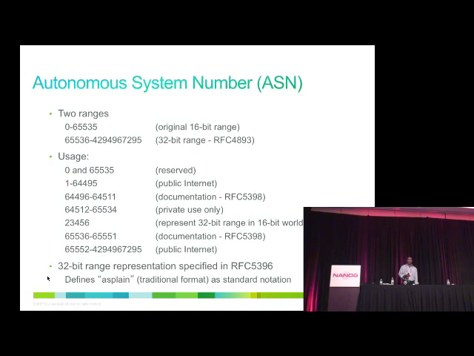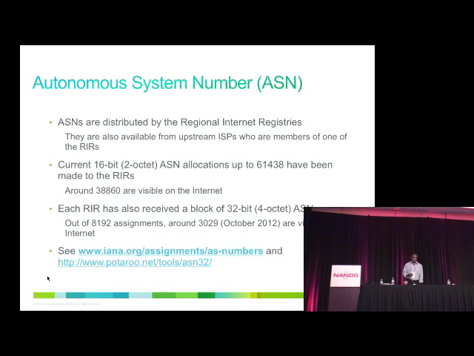And there is also a block reserved for documentation purposes to avoid confusion, so that people don't just copy and paste a real autonomous system number. And there is also a block set up just for private autonomous system numbers. The autonomous system numbers are distributed by the registries. So you can get autonomous system numbers from the registries, either the 16-bit or the 32-bit autonomous system number.